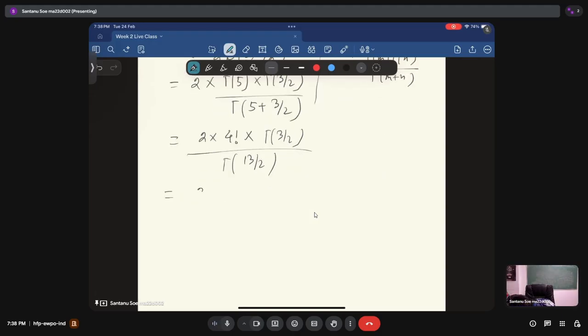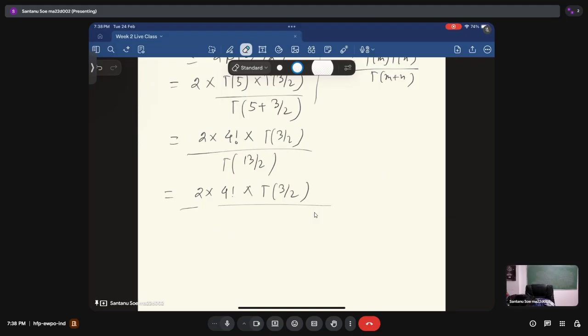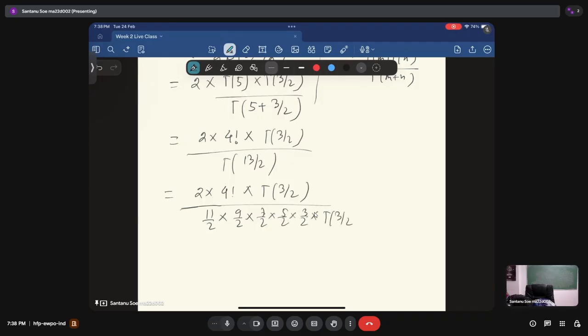So this is going to be 2 times 4 factorial into gamma of 3 by 2 divided by 11 by 2 into gamma of 11 by 2, then 9 by 2 into gamma of 9 by 2, 7 by 2, 5 by 2, 3 by 2, and gamma of 3 by 2.